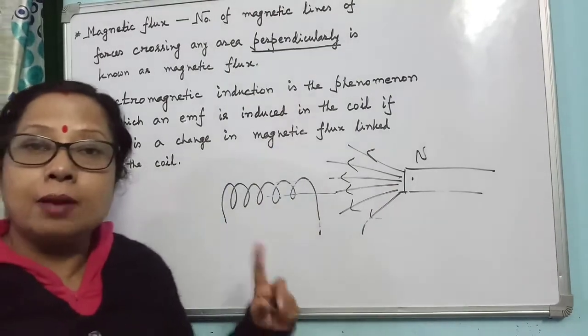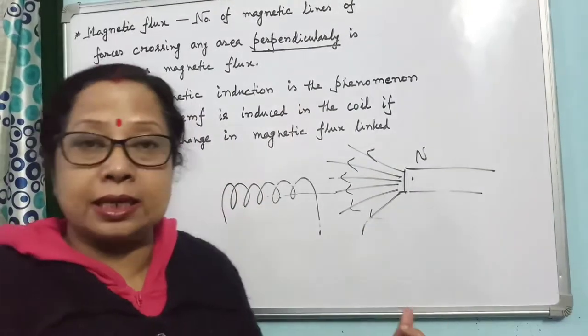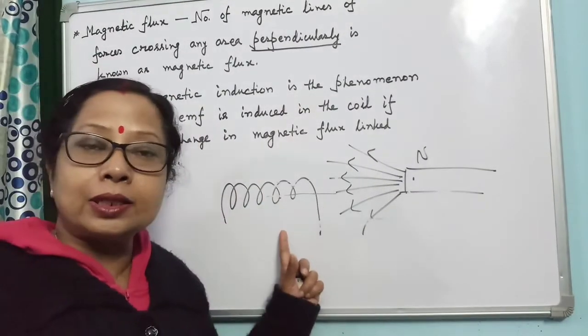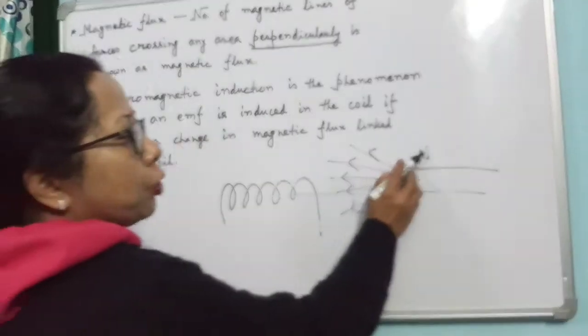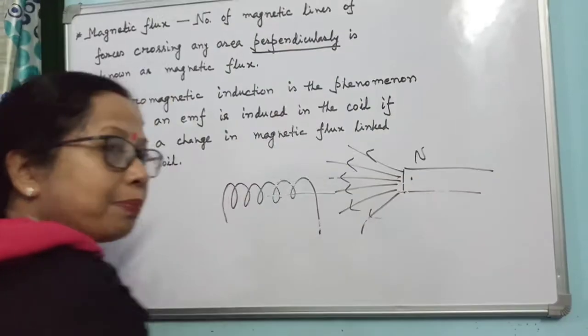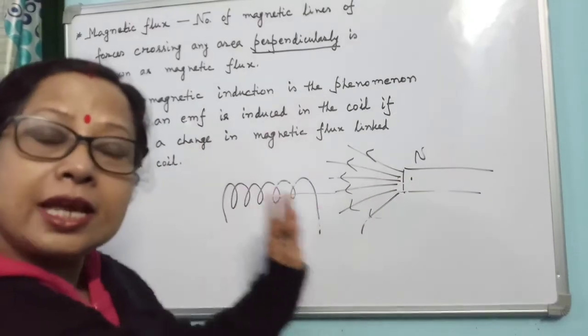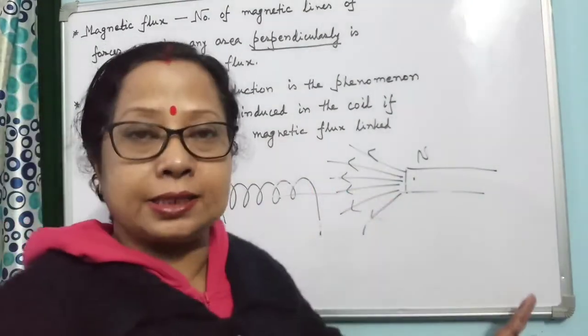It means the magnetic flux linked with the coil is increasing. But if you take the north pole away from it, then the magnetic flux linked with the coil is decreasing.